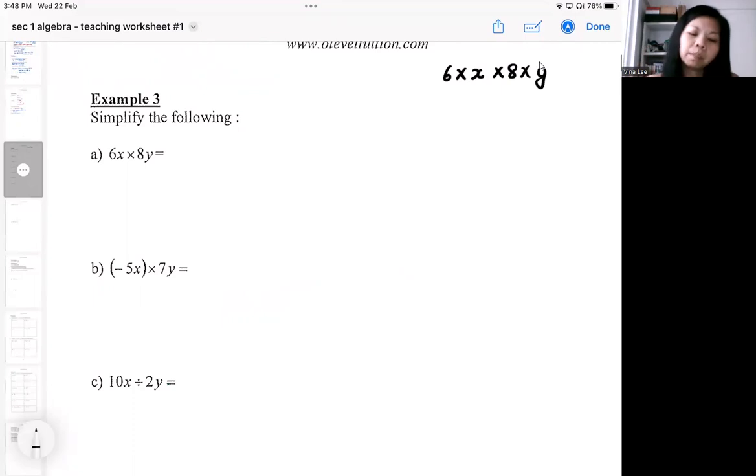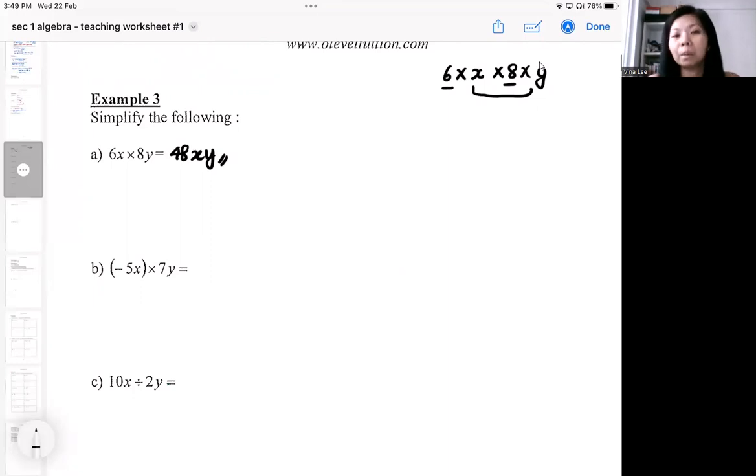When you see numbers, common sense will tell you to multiply the numbers. Number times number, algebra times algebra. When I do algebra times algebra, it's just xy. Remember, there's an invisible multiplication, so if it's a multiplication, I do not need to write the multiplication symbol.